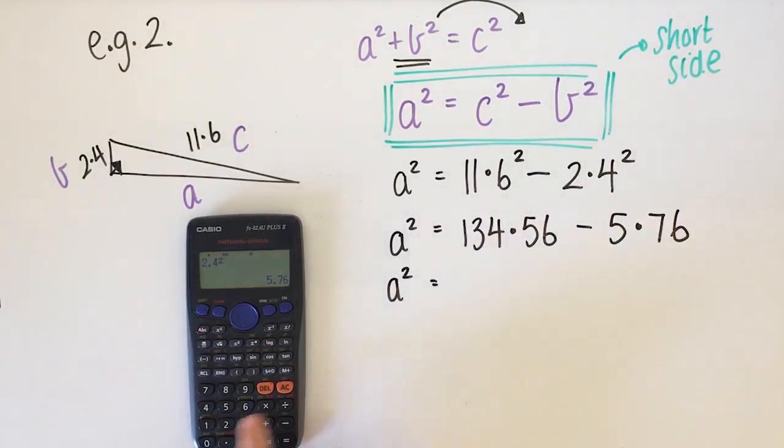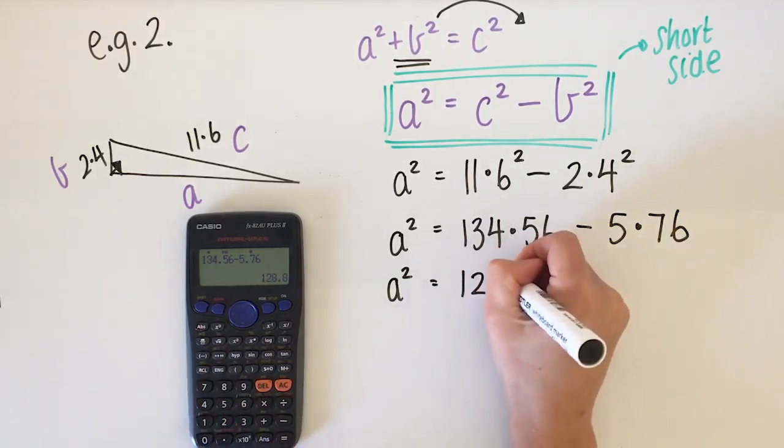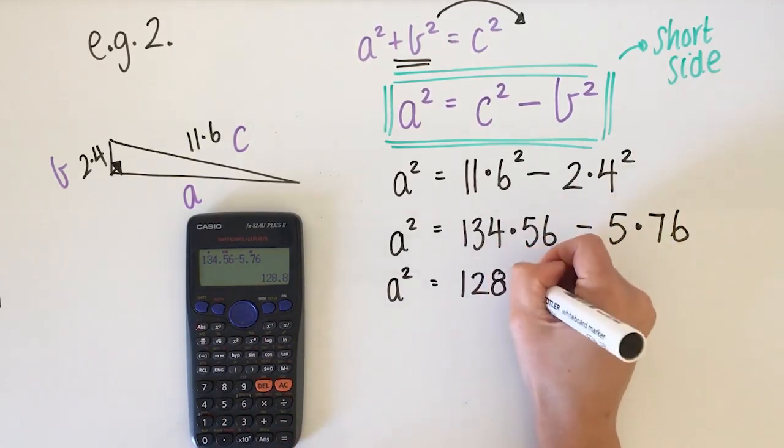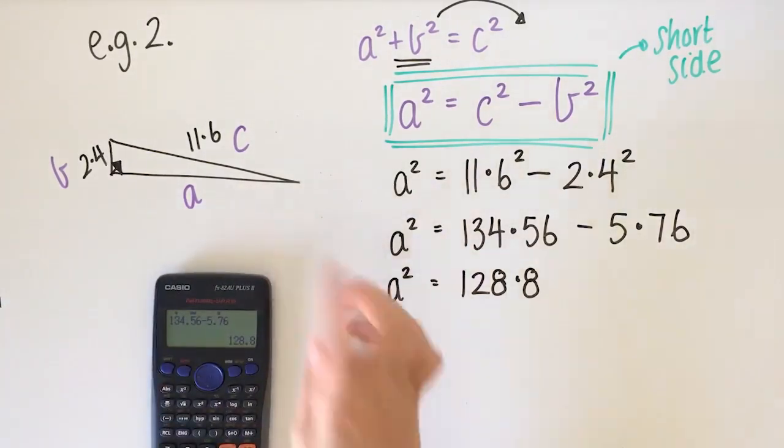Now we need to do our subtraction. 134.56, take away 5.76. That's going to give us 128.8. All right, this is where we think, are we done?